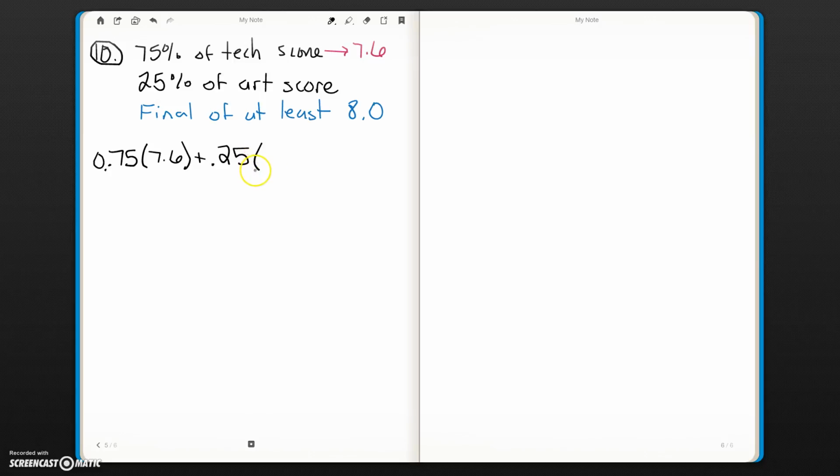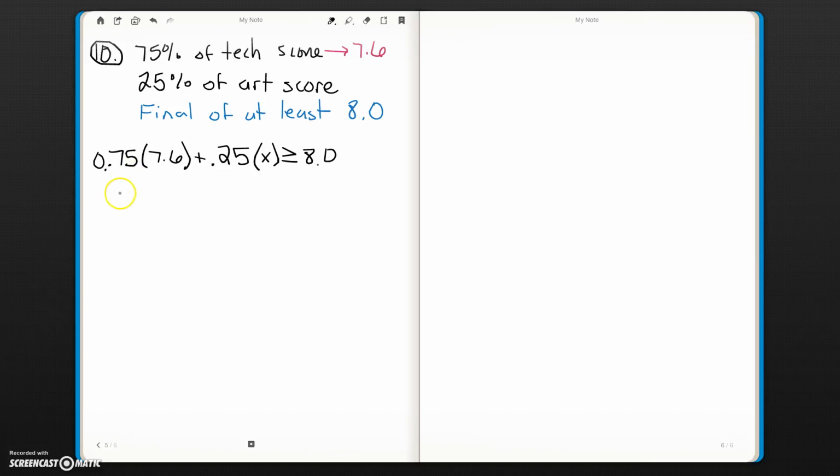Well, what is their art score? Well, it doesn't tell us. It's asking us what will their art score have to be in order to achieve a final score of at least 8.0. So at least 8.0 means they're okay if it is an 8.0 and they want it to be 8.0 or larger. Okay, so all of this stuff has to come out to 8.0 or larger.